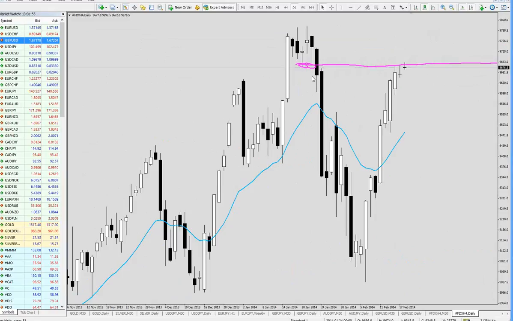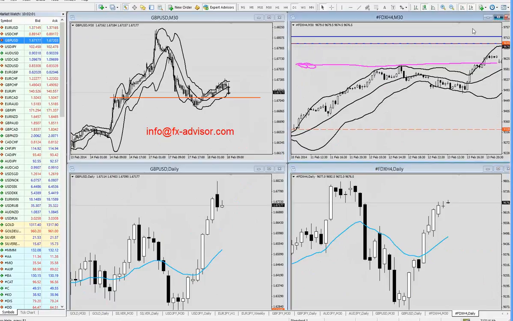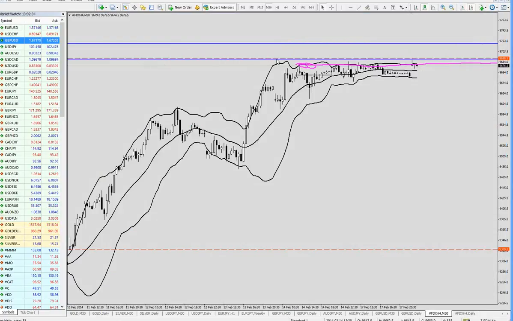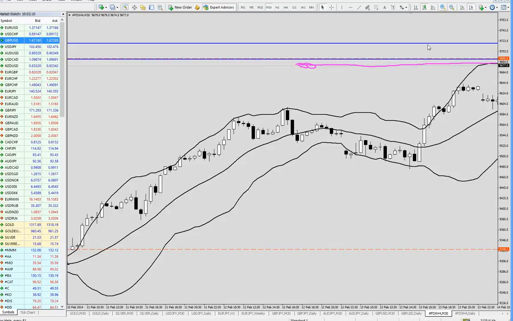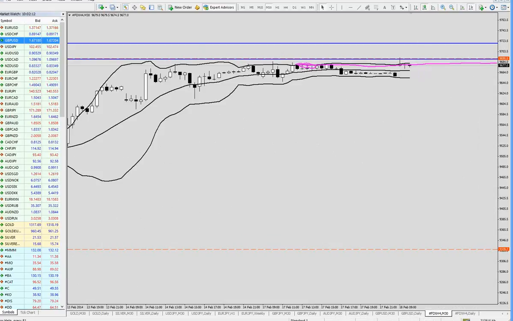And yesterday we mentioned that we are looking to sell around that level. On a 30-minute chart we found the selling area. Actually, just at the opening, the selling area has been tested.